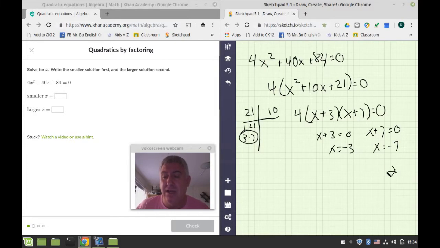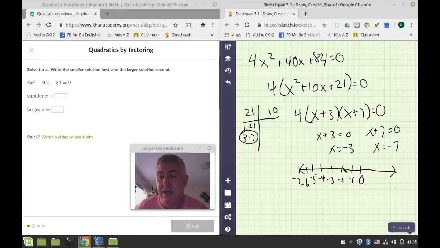They'll look at 3 and 7, and 3 looks smaller, but if we put these on a number line, I have negative 3 and I have negative 7, and one of those is farther to the left, and that means it's a smaller number, and that is the negative 7.